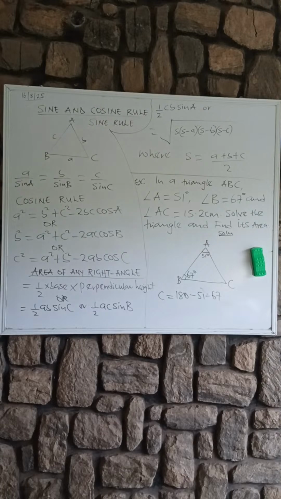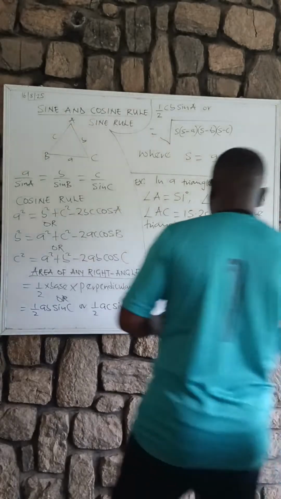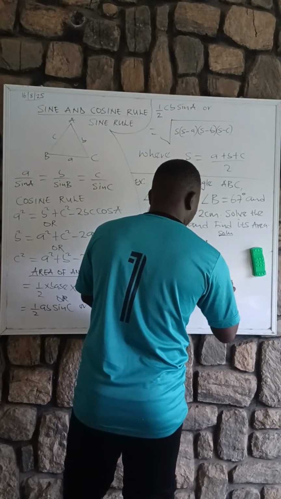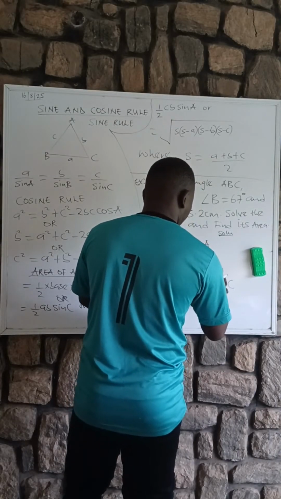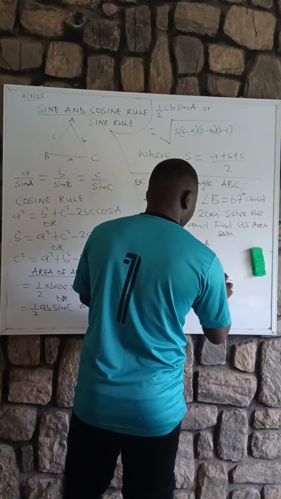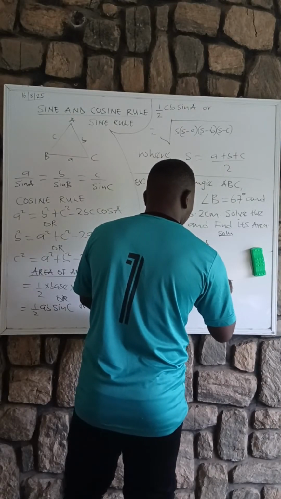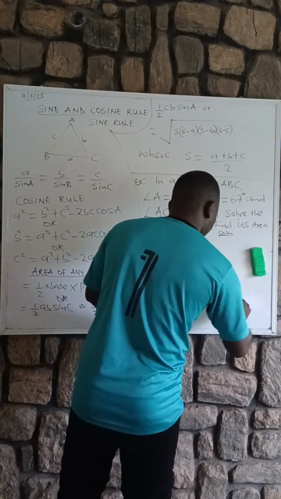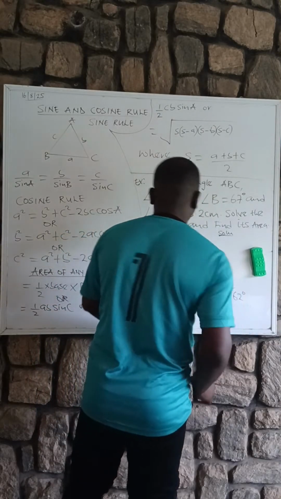The answer is what? 62 degrees, right? So here is 62 degrees. So our C is equal to 62 degrees.